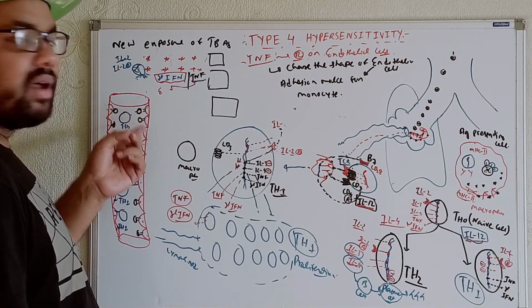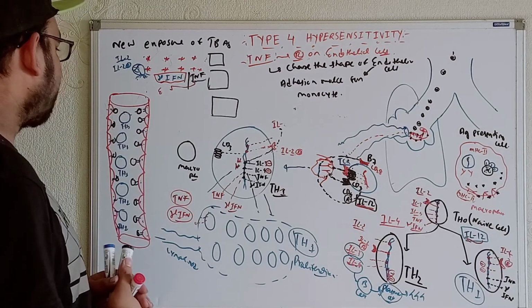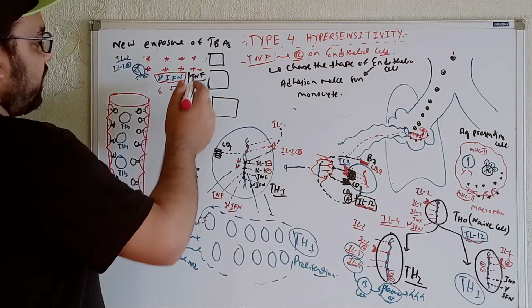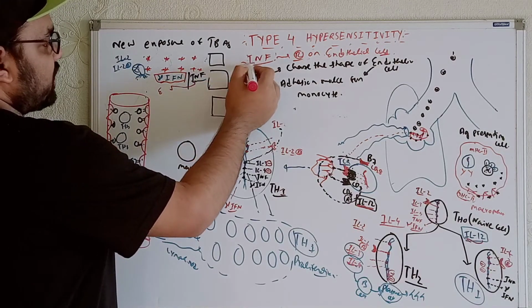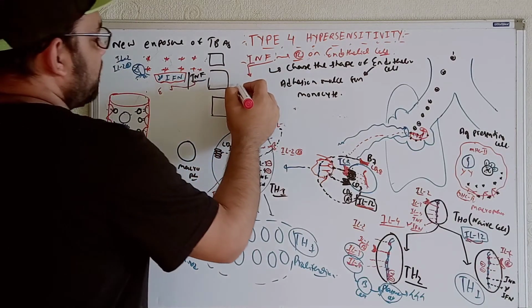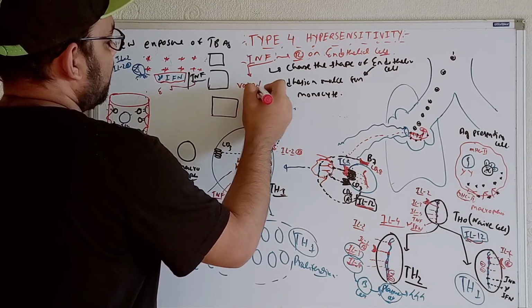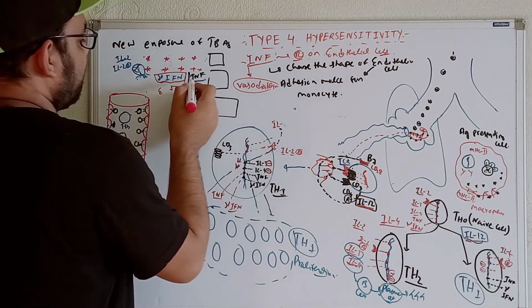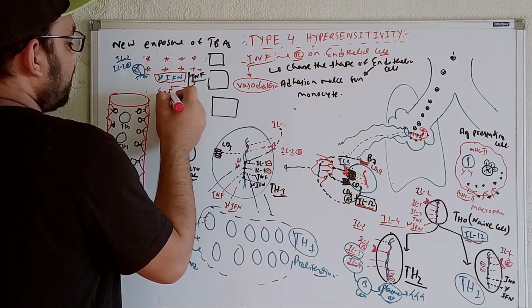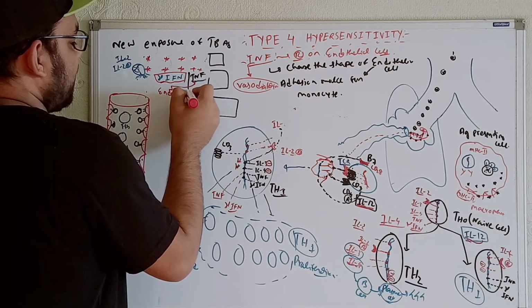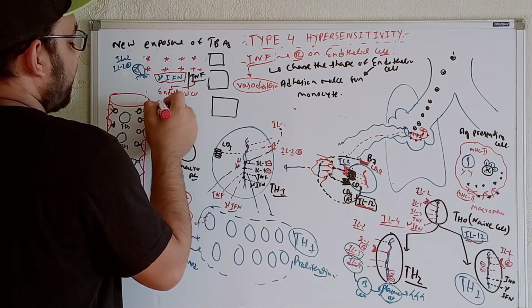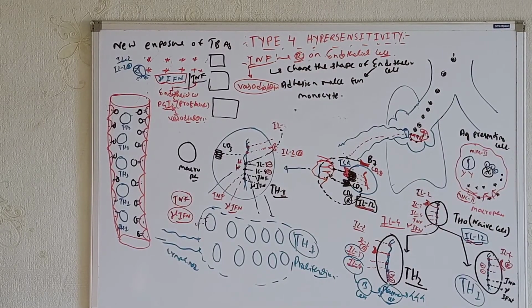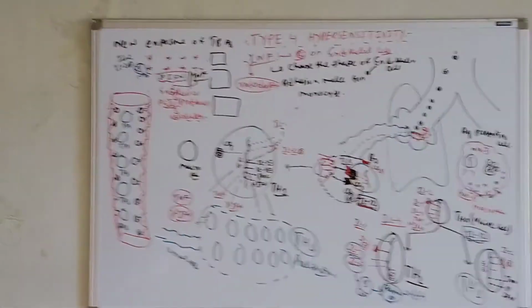After that, what other thing do we get? The tumor necrosis factor is also responsible for causing vasodilation. Why? This tumor necrosis factor will stimulate the endothelial cells to produce prostaglandin. Okay guys, let's continue.